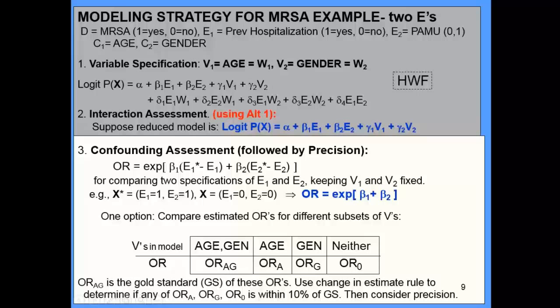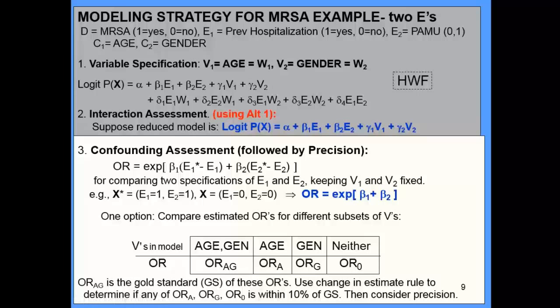So for one person it's 1, and the other person it's 0. And for the previous hospitalization variable, 1 versus 0. So if we plug in 1 versus 0, 0 in this formula, what do we get for the odds ratio?